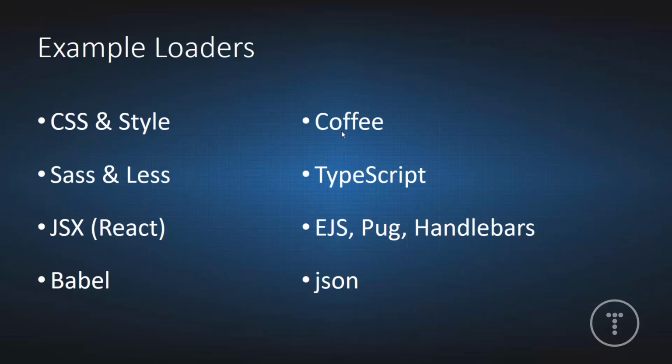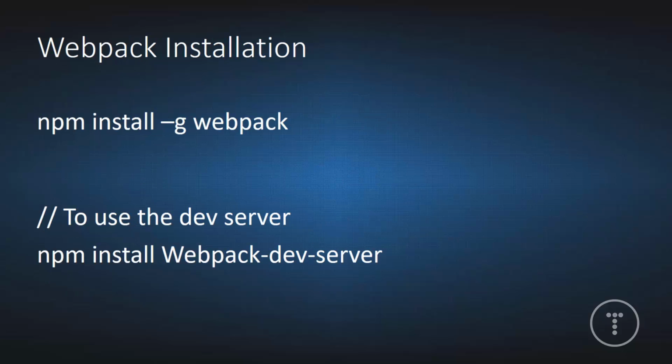Coffee is used for CoffeeScript, and there's TypeScript, which is a superset of JavaScript. We also have loaders for template engines like EJS, which is embedded JavaScript, also Pug, which is formerly known as Jade, and Handlebars. We also have a JSON loader to handle JSON. There are a lot of loaders that you can check out in the documentation.